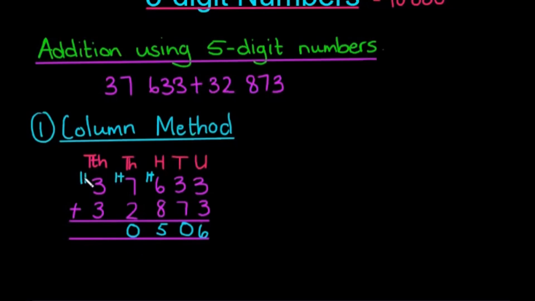So 30,000 plus 30,000 plus the other 10,000 will give me 70,000. So my answer for this question is 70,506. As I said, we'll be using this in the sum in the other method, so you can see the difference. So each sum needs to end in 70,506.